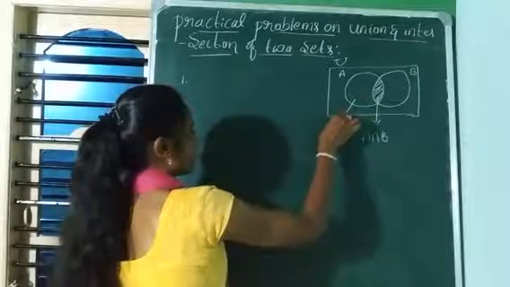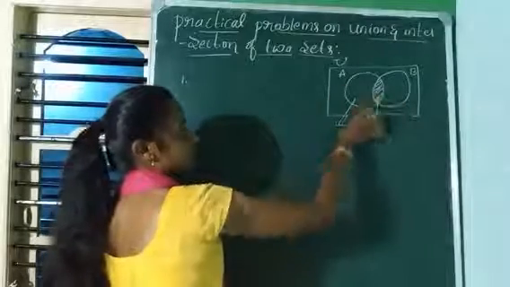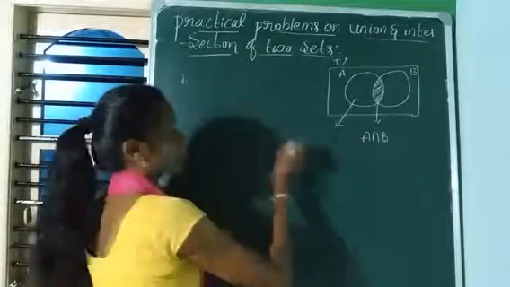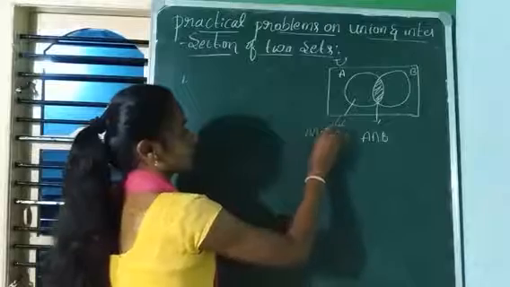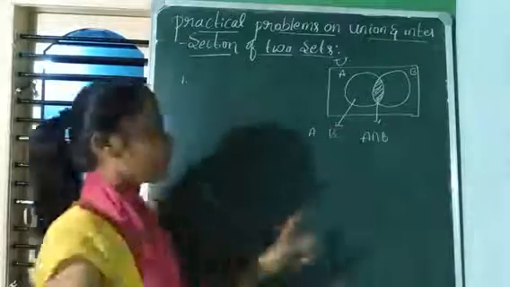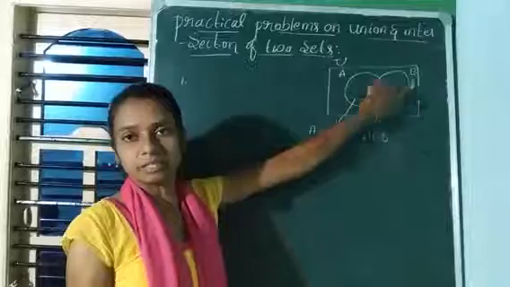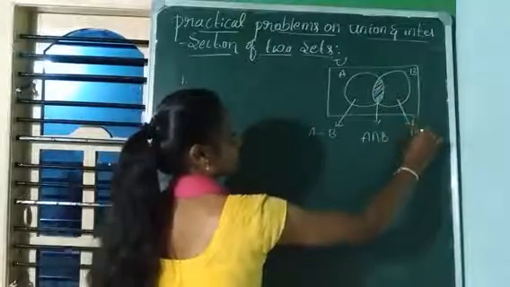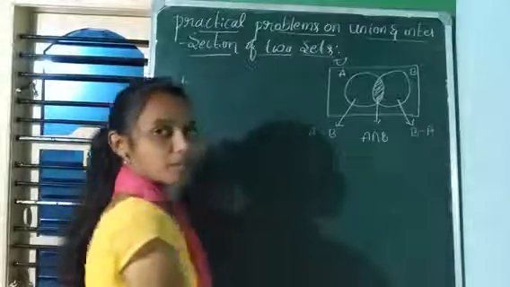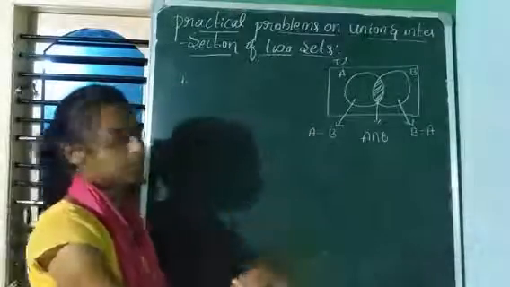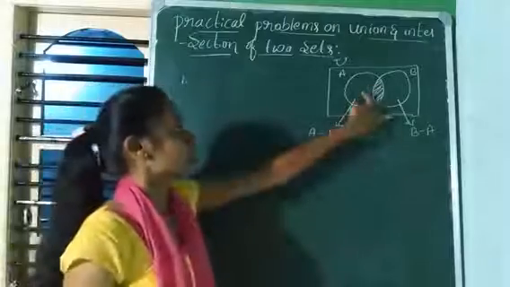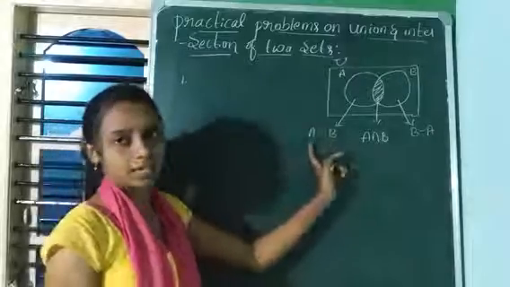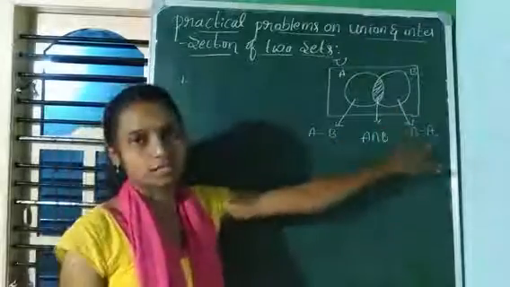Now the remaining part in this circle, we can write as A minus B, the elements of A which are not there in B. Next, this one is B minus A, the elements of B which are not there in A.